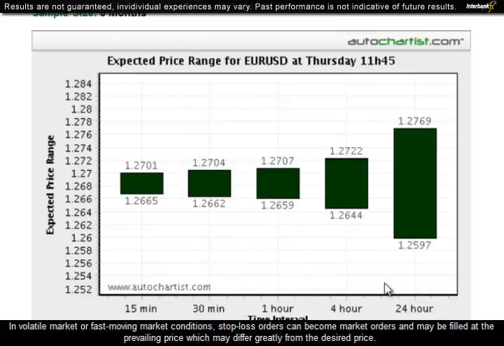So what I wanted to again bring home is a lesson that I hope all of you remember, which is understanding when and when not to trade, or understanding more specifically what your expectations for price movement should be.